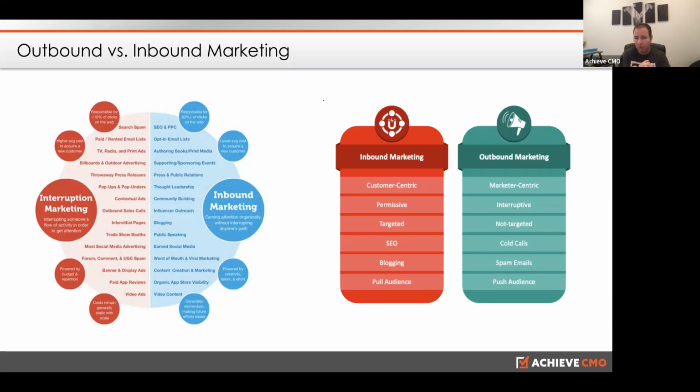It's definitely a pull strategy, right? On the outbound marketing side, it's more marketer centric, right? So it's the marketer trying to push their message. They're interrupting. Sometimes it's targeted, sometimes it's not so targeted. You might be cold calling or emailing, but you're really pushing your way into the market. And there are different strategies and different approaches on how you do that, right?